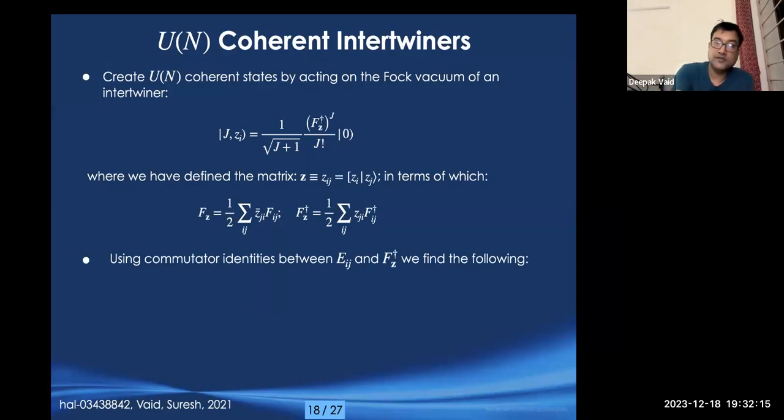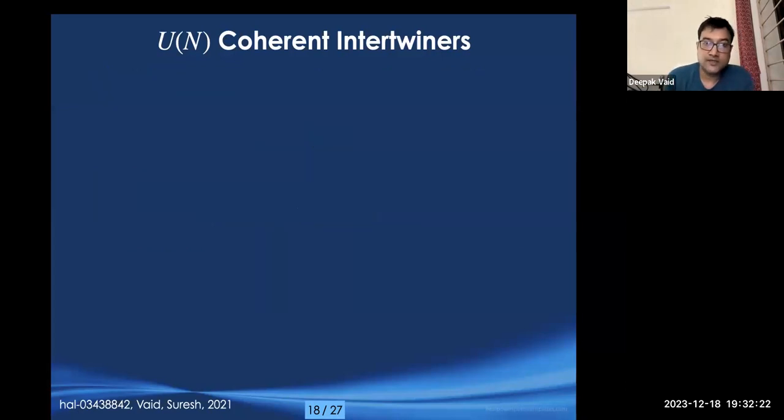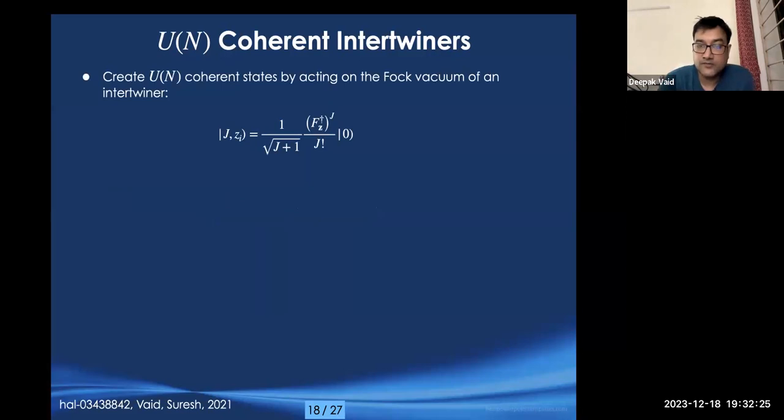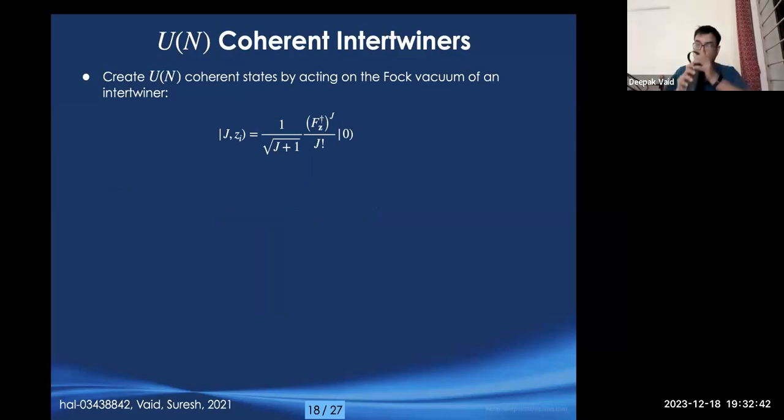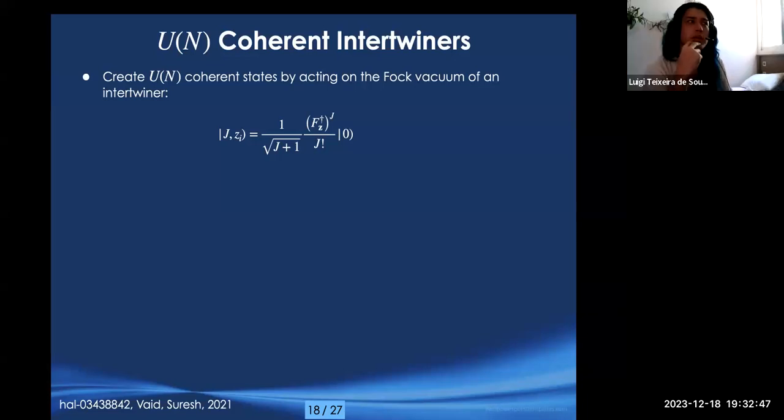And then when you act on the vacuum state with this Fz, what is the interpretation of this object here? This is an object that has a given total angular momentum, which should be 0. No. Given area. Oh yeah, the J gives the area, right? Yeah.